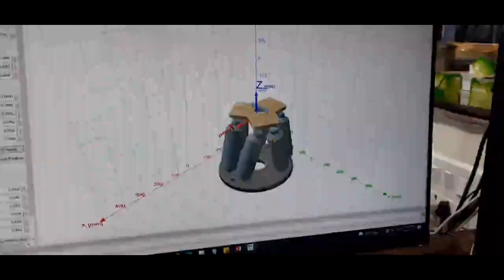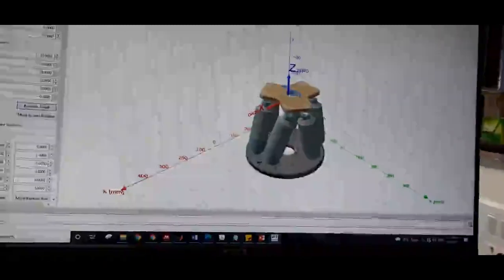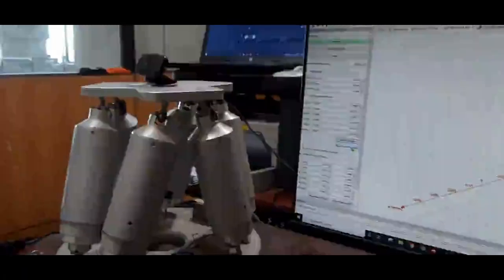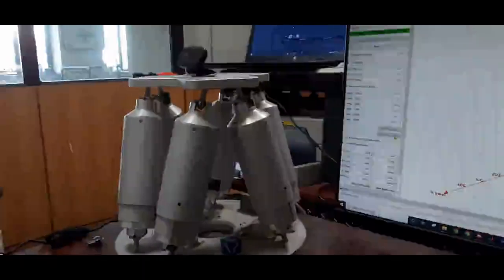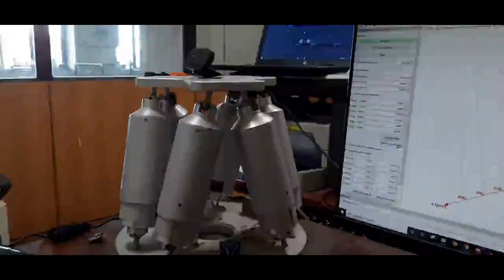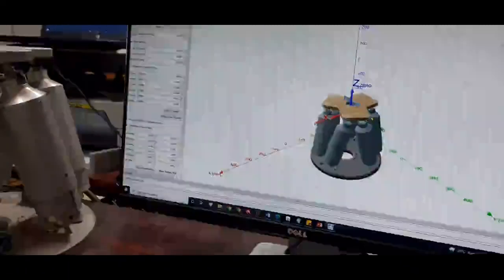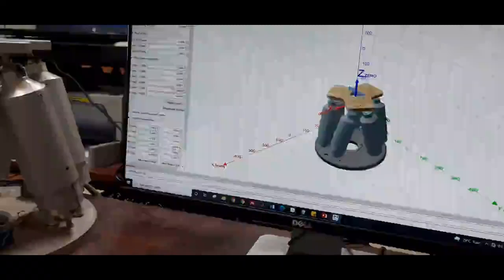Also this interface has one simulated hexapod platform. You may observe. So whenever you give the commands, along with the actual platform, it will also move. So let us suppose again I am giving the 0 position, so it will move to its original position. You may see the simulation diagram. It is also moving.